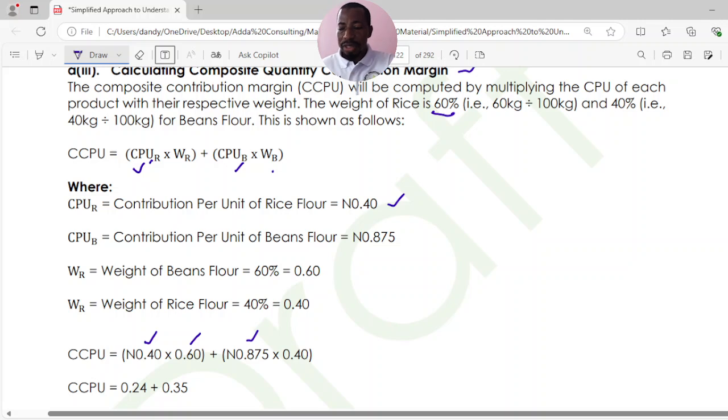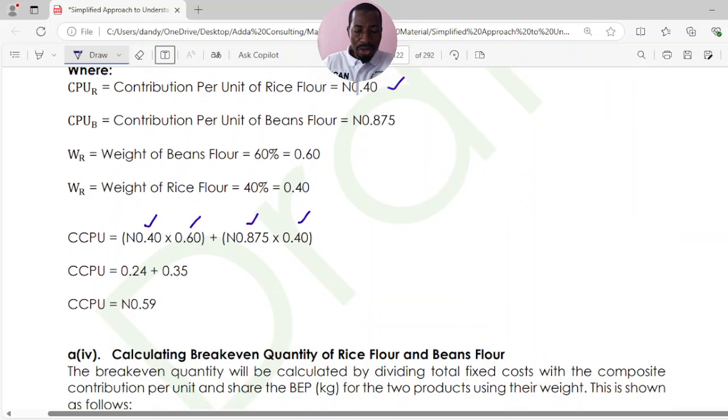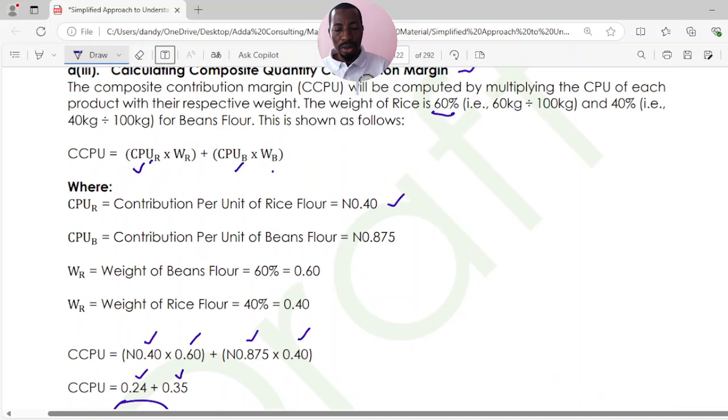The proportion of beans flour is 40 kilogram, which is 40%. So when you do your calculations, the first one will give us 0.24, the second one will give us 0.35. Add everything together, the composite contribution per unit is 0.59, 59 kobo.